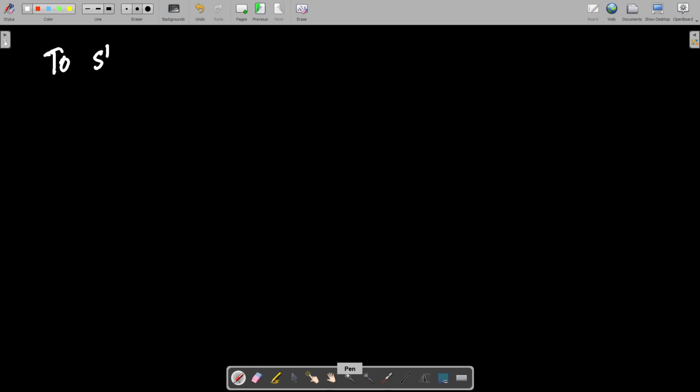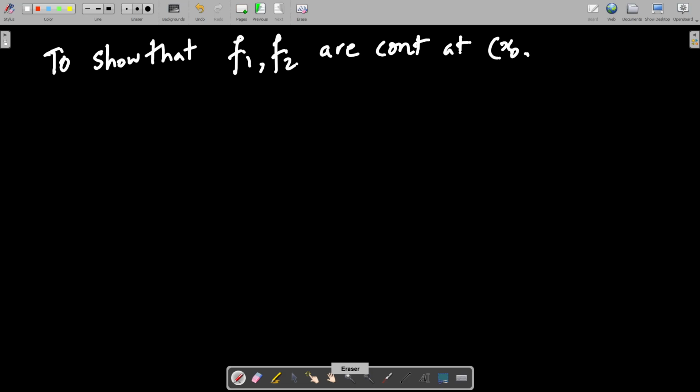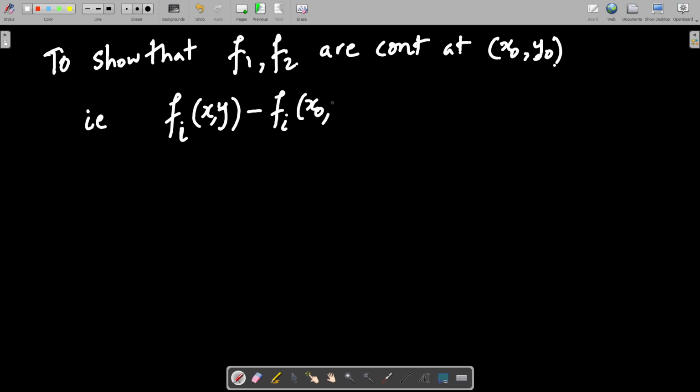To show that f1, f2 are continuous at (x naught, y naught), I have to show that, I'll call it fi because the result is the same for both, the absolute value of fi of (x,y) minus fi of (x naught, y naught) is less than epsilon.